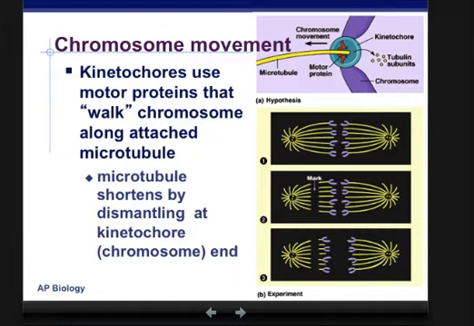The experiment is about how they figured out which end was shortening, and they used fluorescence to see, and the conclusion was that during anaphase, the kinetochore microtubules shorten at the kinetochore end, not the spindle pole ends. That's how they figured that out. So I would definitely read over that experiment so that you can understand this movement during anaphase.